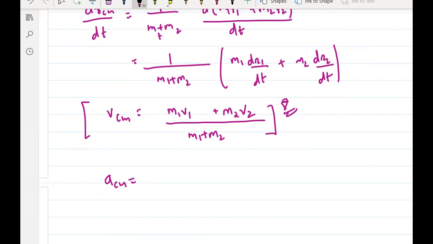Very good, Sampada. Same, common sense, it will be M1A1 plus M2A2 by M1 plus M2. Agree? Yes or no? Right, Suhan? Awesome. Anyone have any doubt in this?